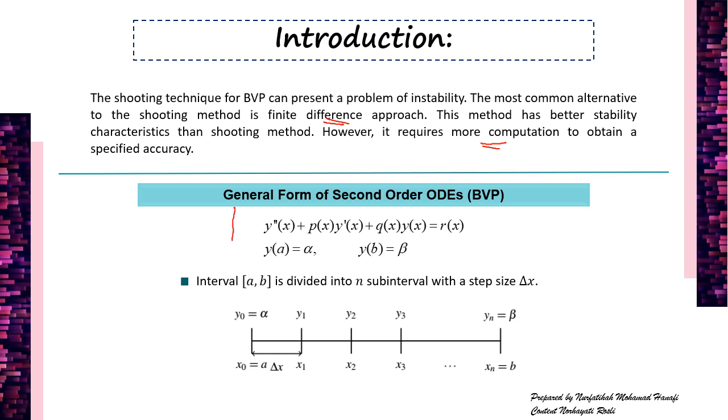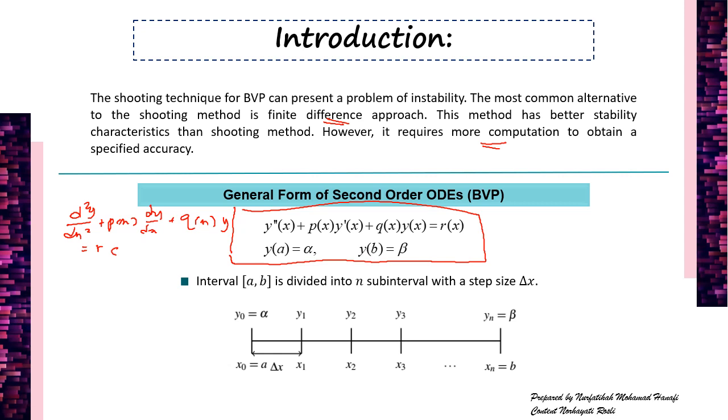So here is the general form for a second order ODE with a boundary value problem. We have y double prime plus p(x) y prime plus q(x) y equal to r(x), or we can write it as d squared y over dx squared plus p(x) dy/dx plus q(x) y equal to r(x).